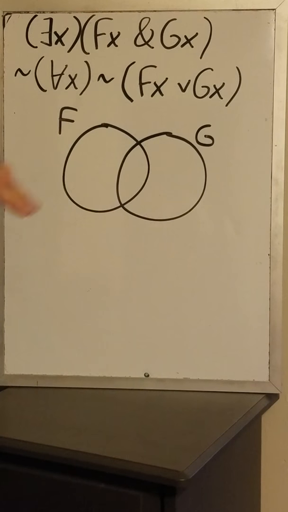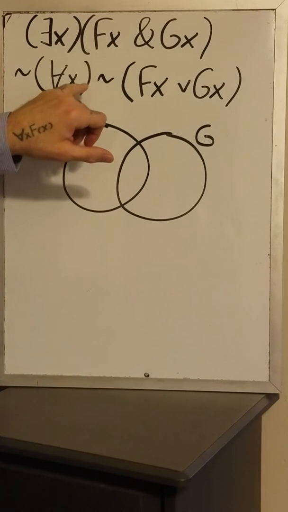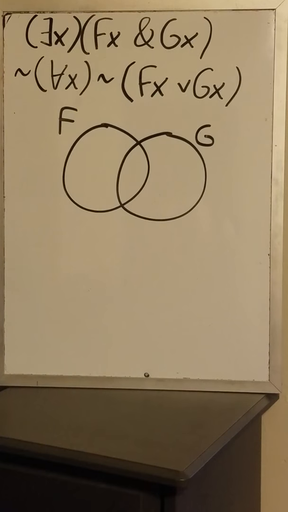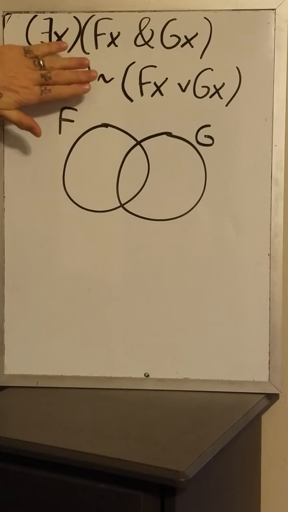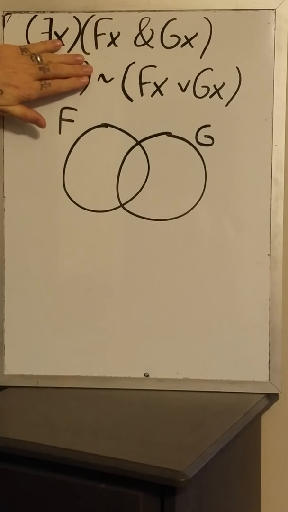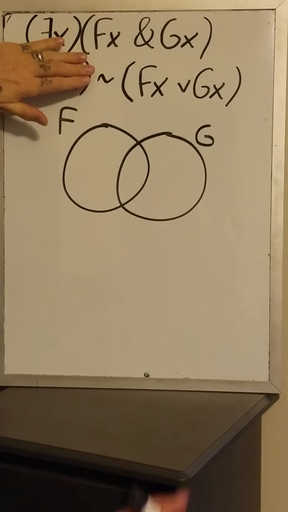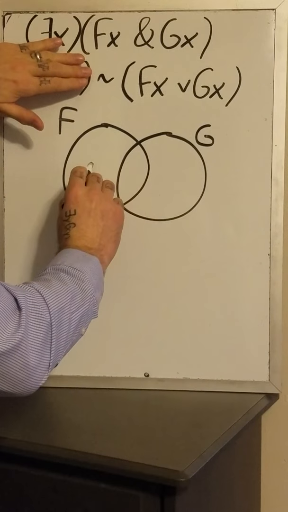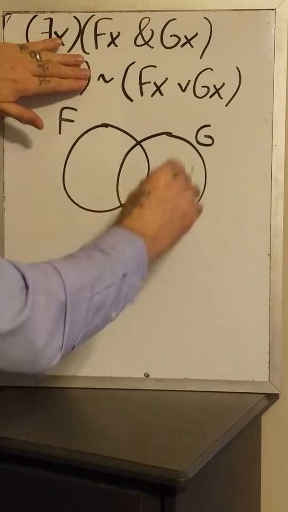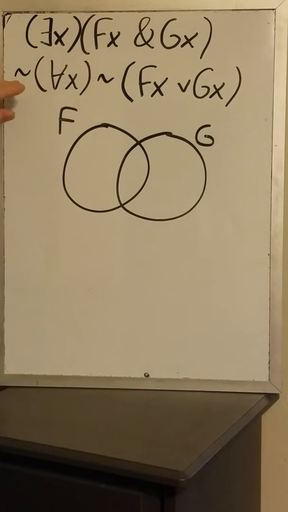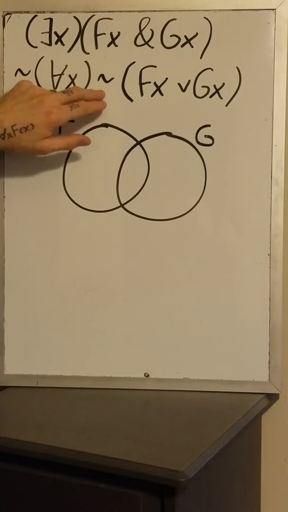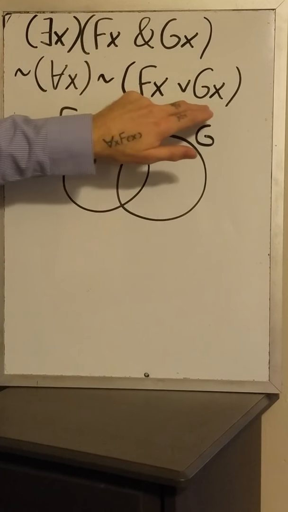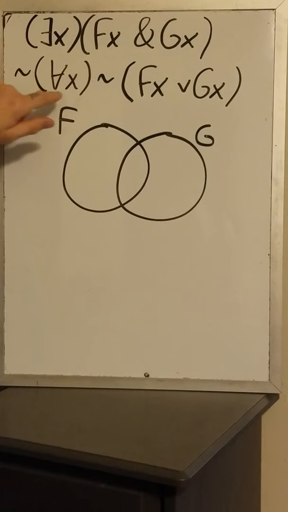And this says not everything is not F or G. So think about what this says. It says it's not F or G. That means that X is not in these circles. So this is saying not everything. This does not describe everything, or this is not true of everything.